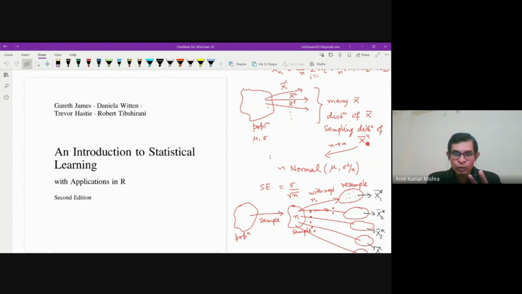And if you want to go by the mathematical aspects of these things, then there is also a good book, because I don't know from which background you are. If you are good in mathematics and you understand the mathematical ideas, you can go by this book also.